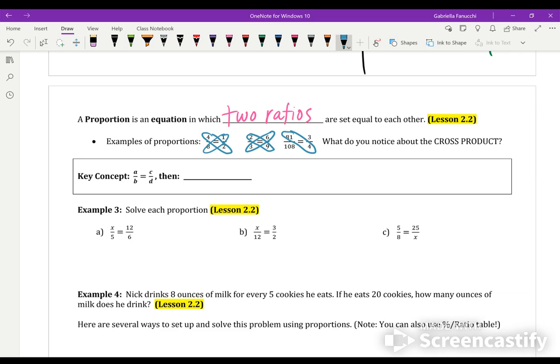I think I had said that already. And then 108 times 3 is 324. So what do we notice about the cross product? They are equal.